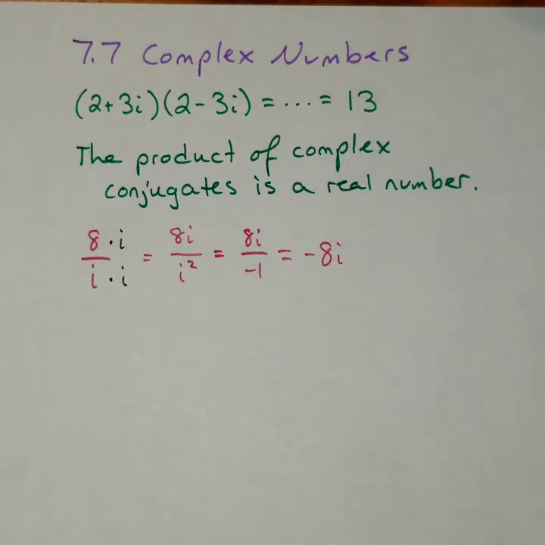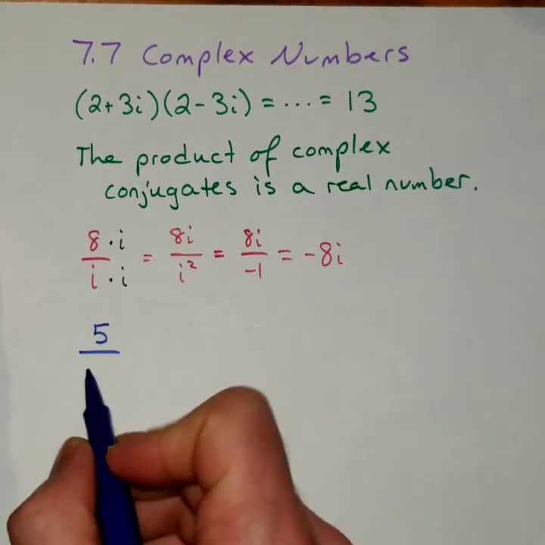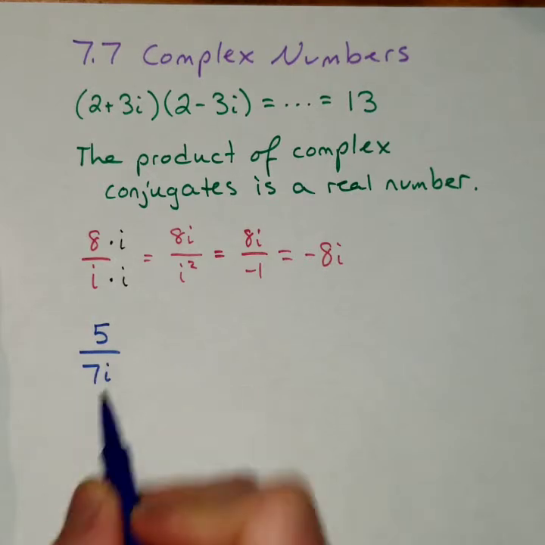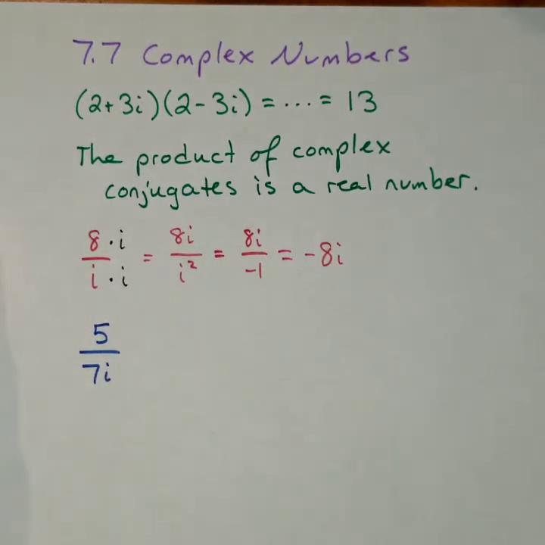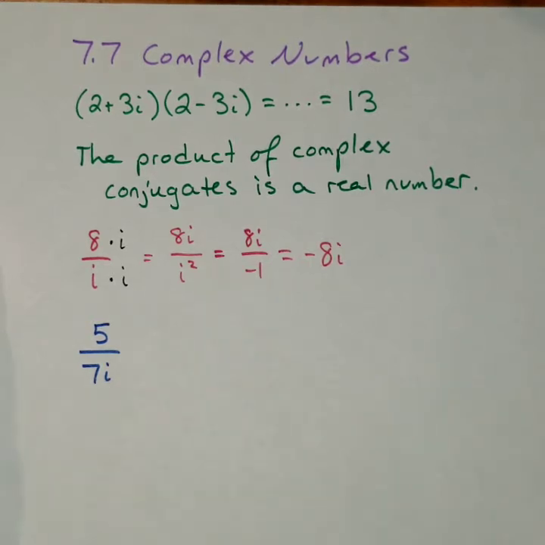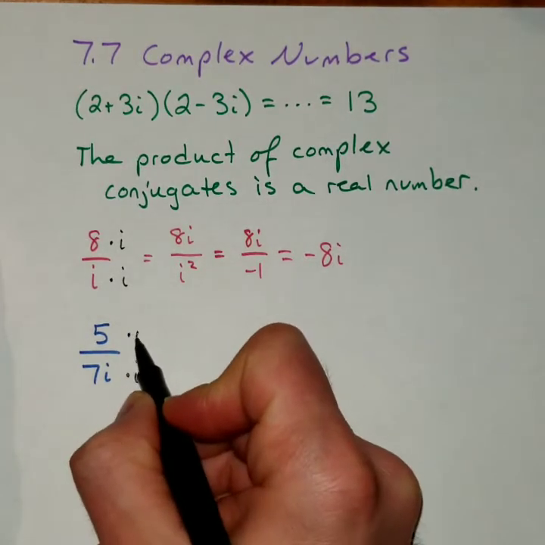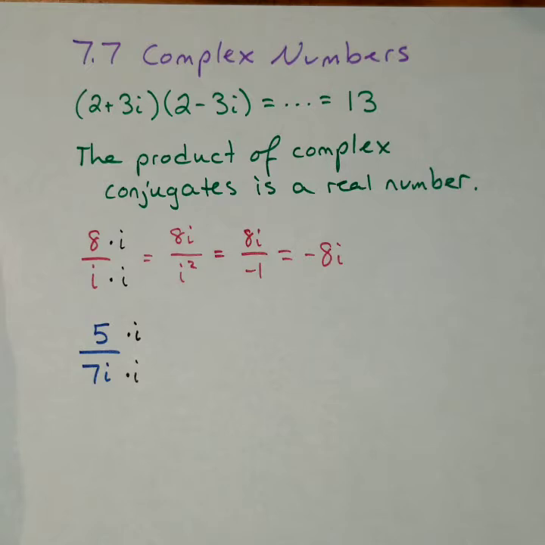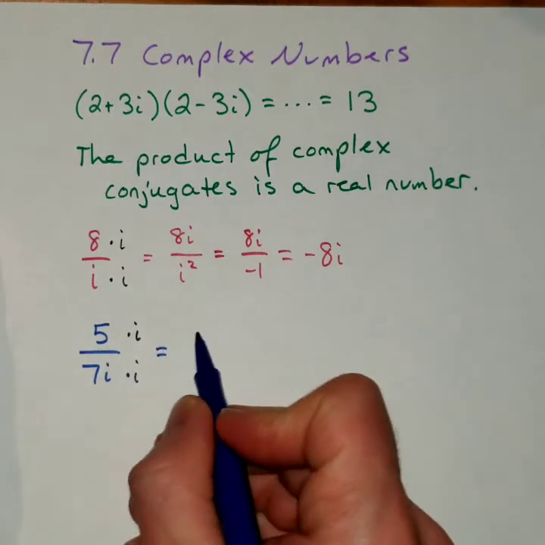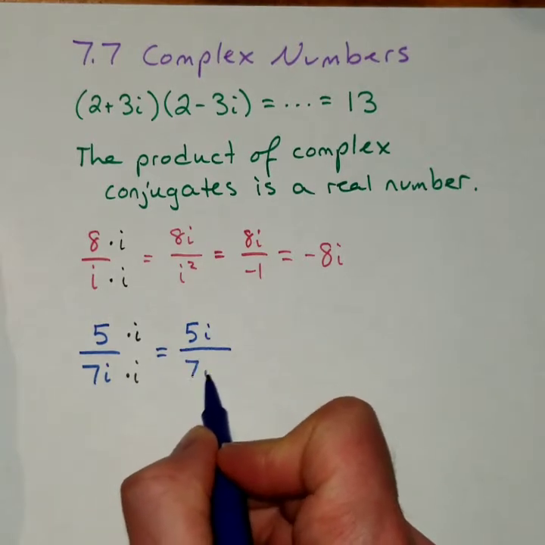Alright, let's look at another example. Maybe one a little bit more complicated. Let's do 5 over 7i. Here I'm going to multiply again the top and bottom just by that i to get rid of it. The top becomes 5i. The bottom becomes 7i squared.